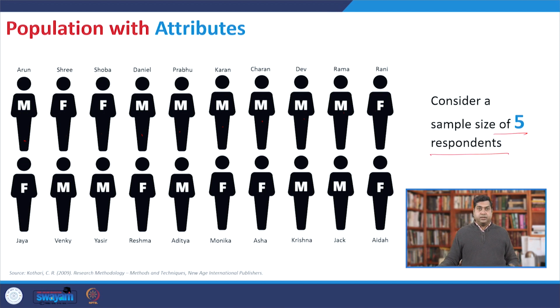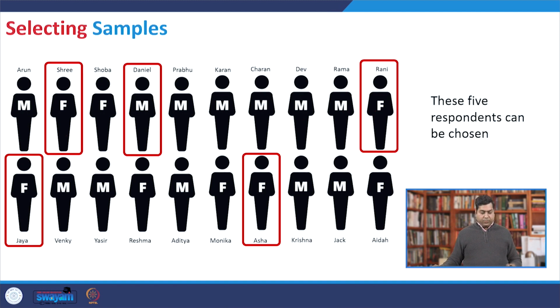How to select it? I can just select, okay, like this. I select the second one, fourth one, then the 10th one, or maybe the 11th one, and then maybe the 17th one.